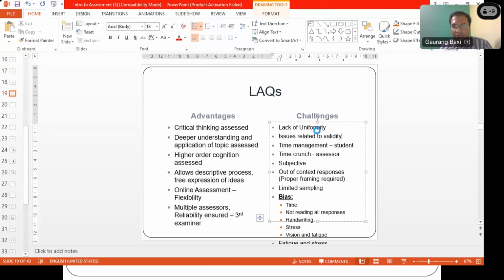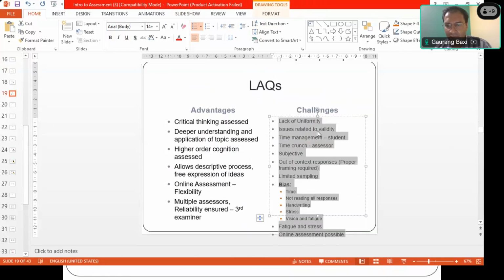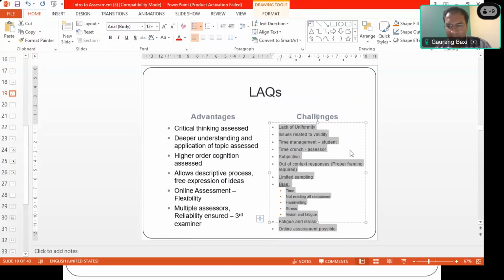What question has been asked and what the student has responded, there is a huge variation many a times. And because the examiners may or may not read the paper thoroughly, whether the scores obtained by the students are a true reflection of their knowledge is always going to be questionable when it comes to LAQs.